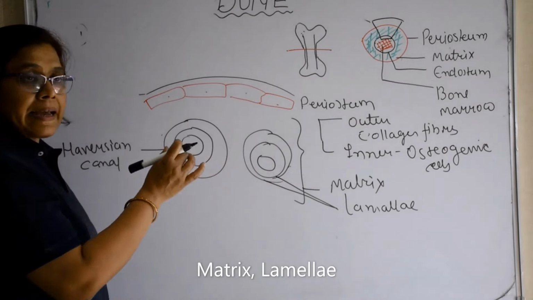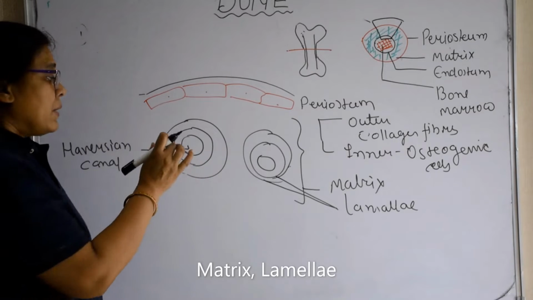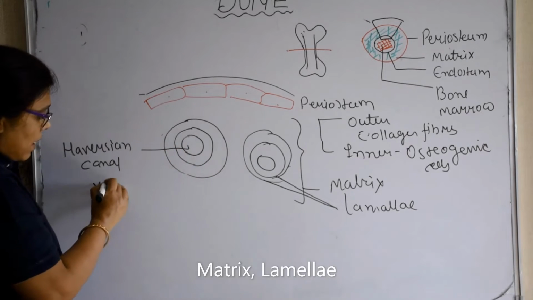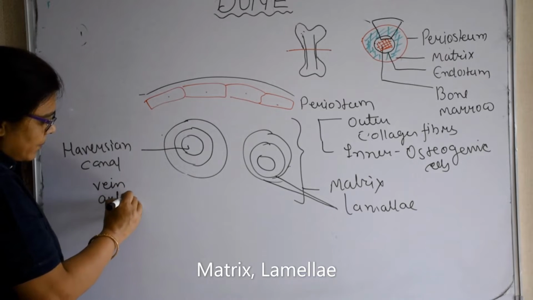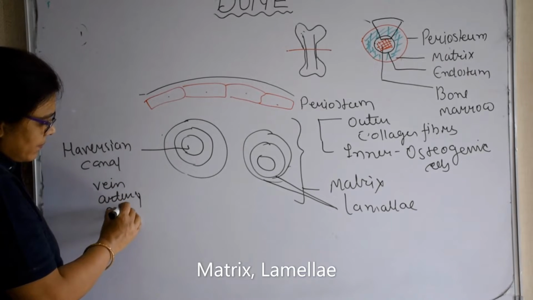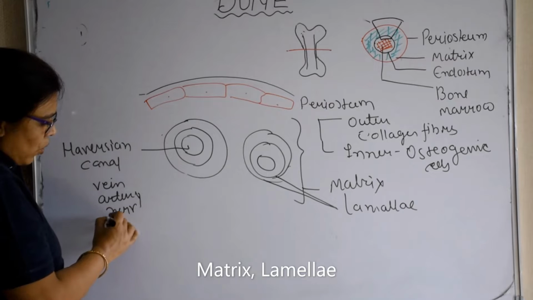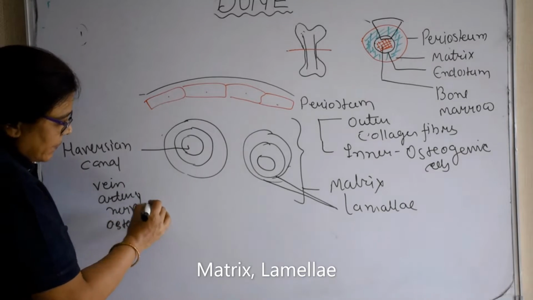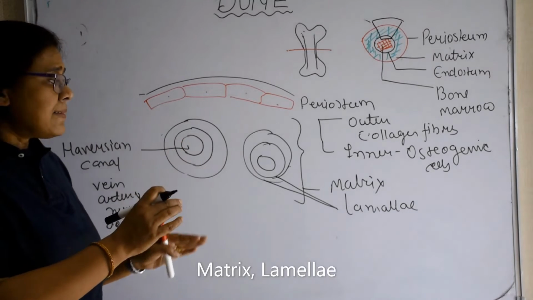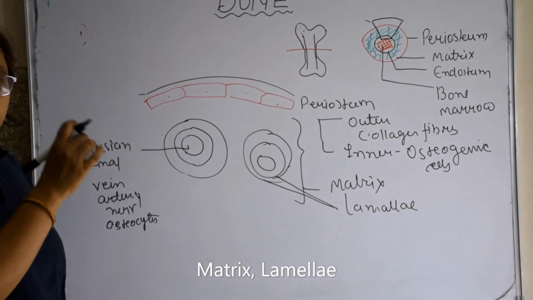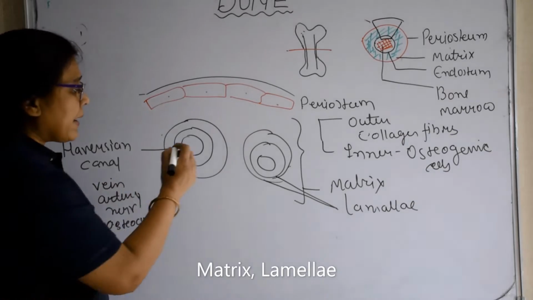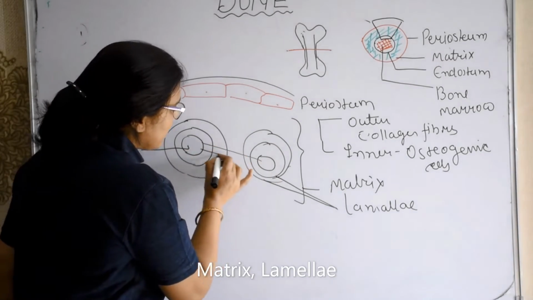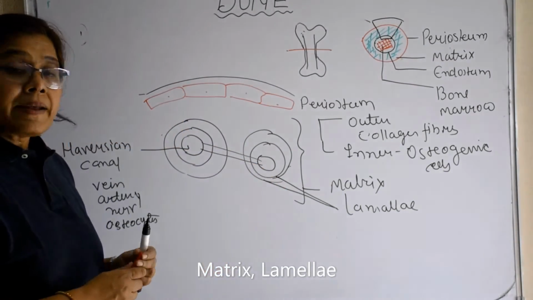This Haversian canal consists of vein, artery, nerve and osteocytes. And these canals are connected by a transverse canal, and that canal is called Volkmann's canal.